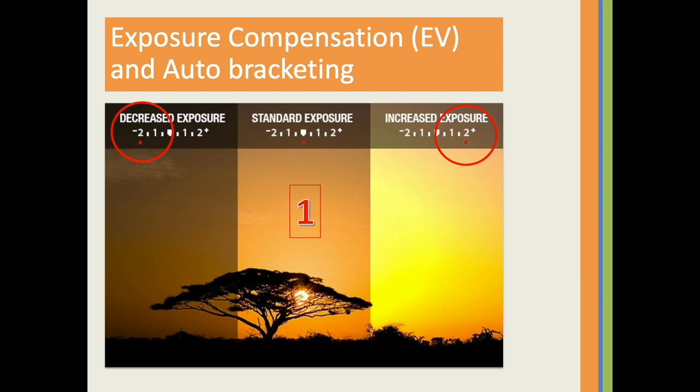You keep your shutter pressed down, you don't release it, and it will take a second image underexposed by the bracket that you've set. Here it's set at -2. And then it will take a third image overexposed at the same bracket, but this time +2. So that's how you can do auto bracketing of your images.